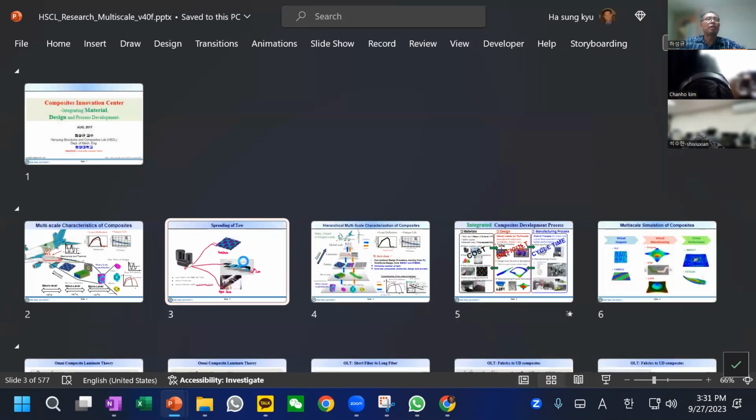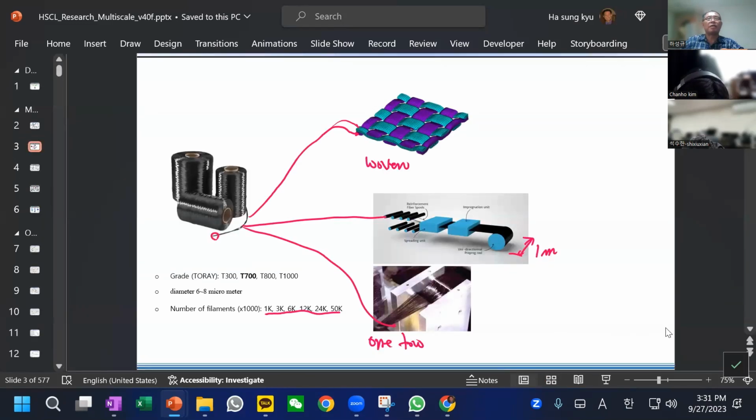Okay, the reason I'm mentioning this is that by spreading, as you can see, a very typical ply will be, not always, okay, but typically a 0.1 to 5 millimeter thick ply.